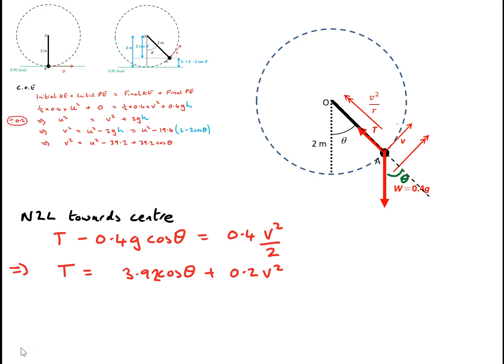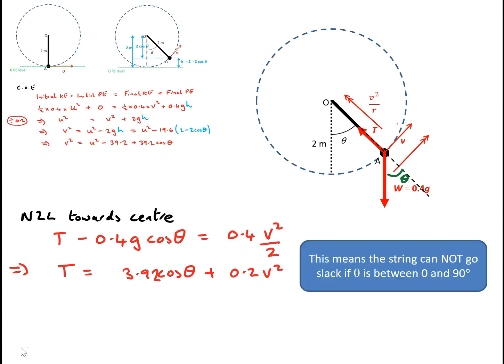Now, if theta is an acute angle, cos theta is definitely positive, and that means that T must definitely be positive as well. So there is no chance that the string can go slack if theta is an angle between 0 and 90 degrees.